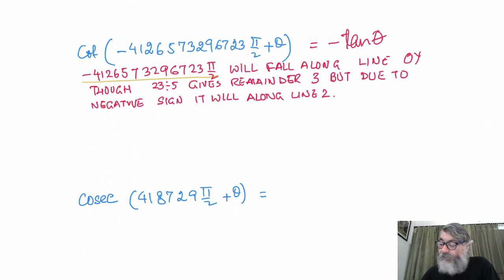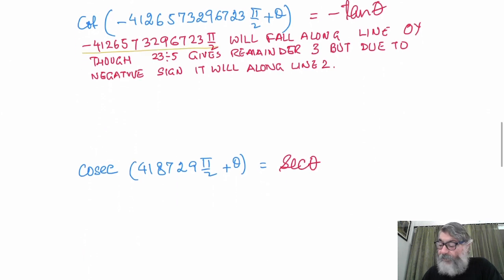So cosec will change into sec theta, and it will be positive sec theta. It will be positive because cosec is plus in the second quadrant, and we told you the sign depends upon the left hand side of the equation. I don't need to write it, I think.